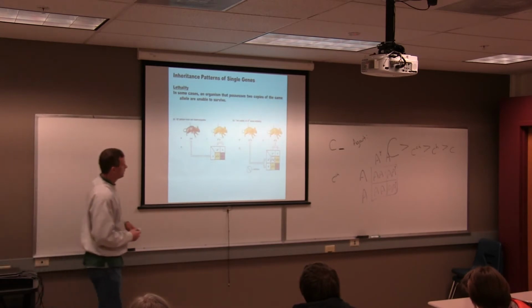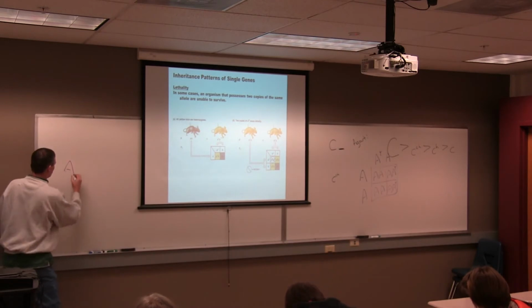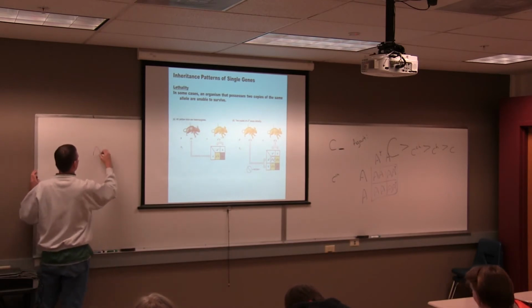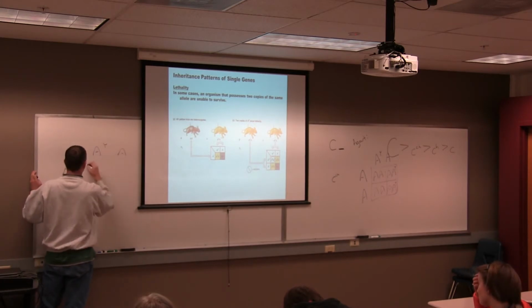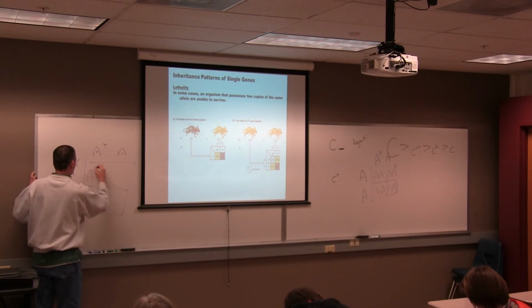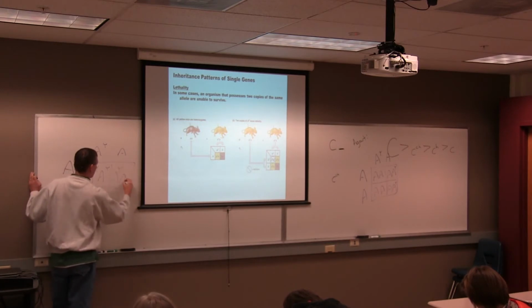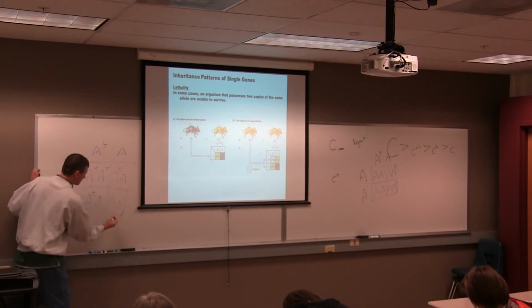If we do a different cross, if we cross a yellow to a yellow, check this out. It's up there, but I'm going to draw my own. All right, so this guy's agouti.